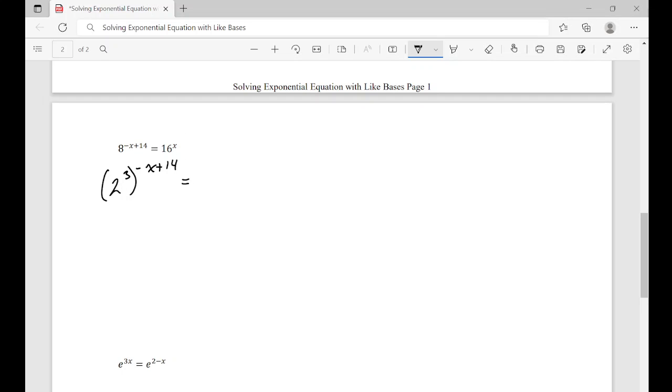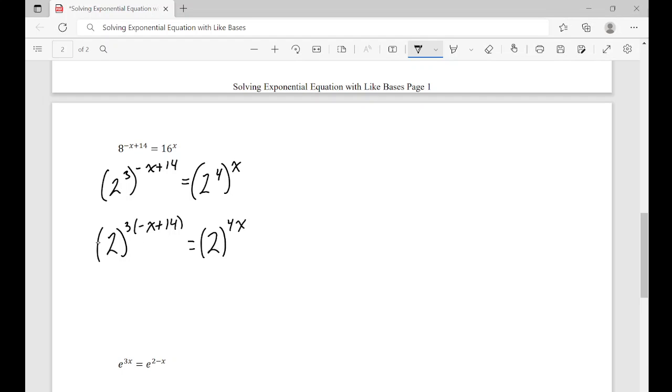And I can say that 16, like with the other question, is just 2 to the fourth, all raised to the x. And again, the rules of exponents say that an exponent to an exponent can be multiplied. So this is just 2 to the 3 times -x plus 14, and this is just 2 to the 4x.